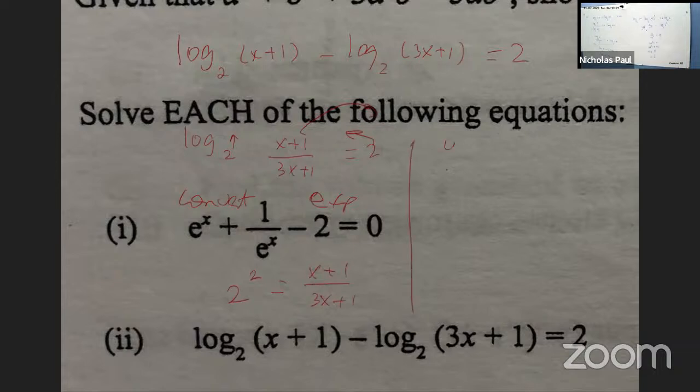So you're going to get 4 over 1 is equal to (x plus 1) over (3x plus 1). Cross multiply, and you'll get 12x plus 4 is x plus 1. You'll get 11x is minus 3, x is negative 3 over 11.